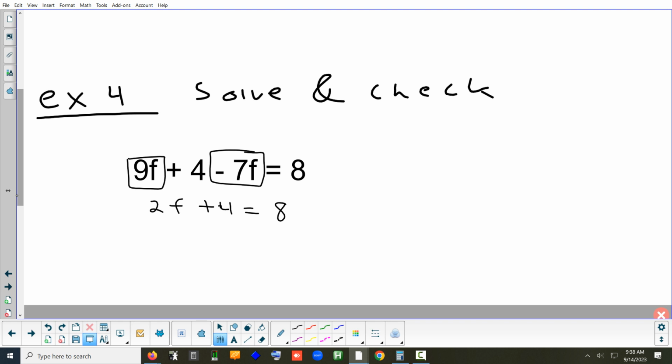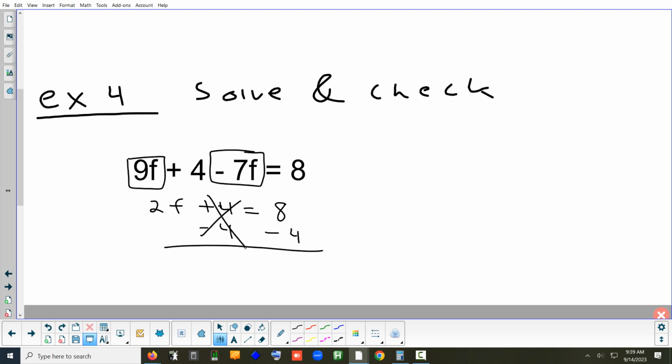Okay. Next step after simplify. Adding and subtracting. Is there any adding and subtracting we could do here? All right. Well, it would be subtract, and what would we subtract? 4. Yep. So we're going to subtract 4 from both sides.